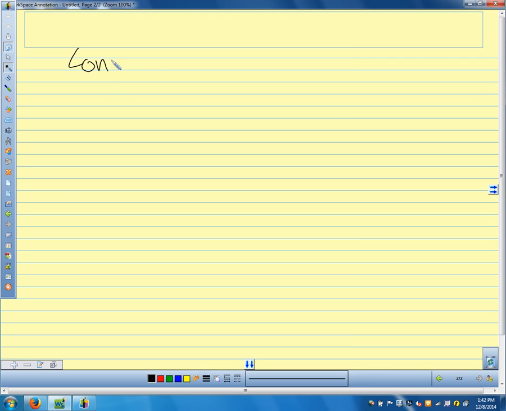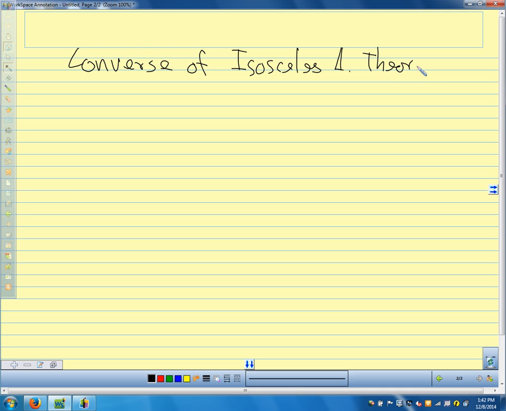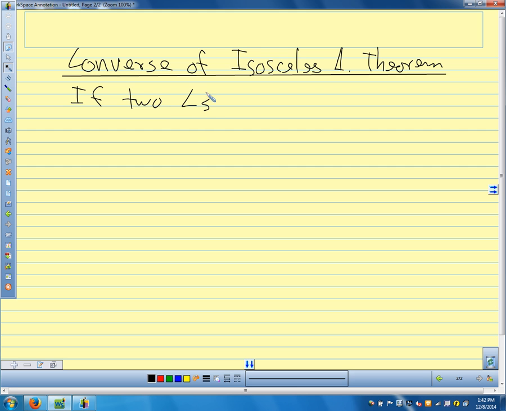All right, the converse. We're just going to change the order. We're going to say if two angles of a triangle are congruent, then the sides opposite them are congruent.